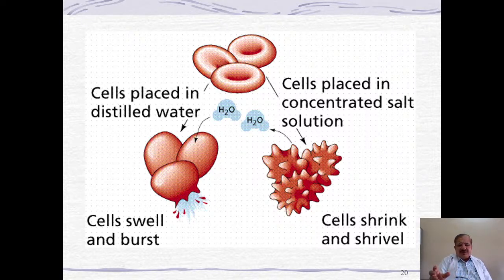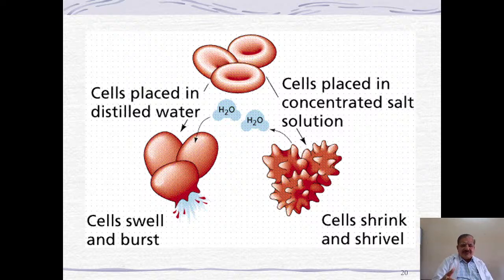If you put them in a salt solution, the water from inside will come outside, because outside it is more concentrated and inside it is less concentrated. So it will shrink, as you have seen, from higher concentration to a lower concentration.